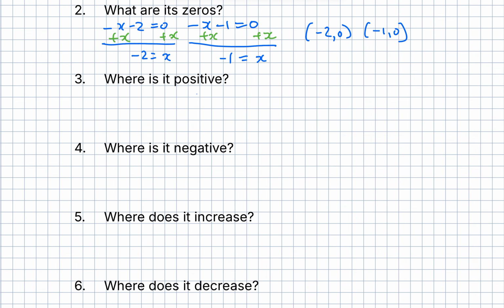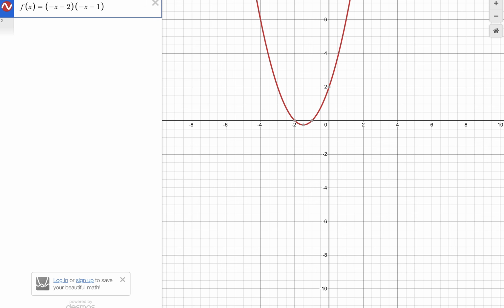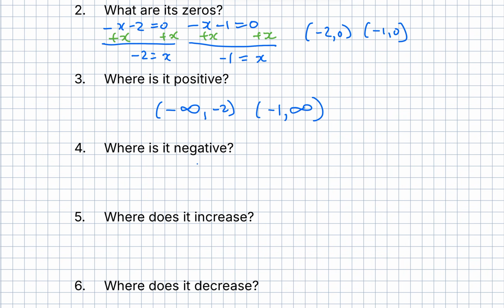So we would say that it is positive from negative infinity to negative 2 and from negative 1 to positive infinity. And then where is it negative? Well, it's negative from negative 2 to negative 1. Okay? So in that range, we would see that the function is below the x-axis. So then it is negative from negative 2 to negative 1.